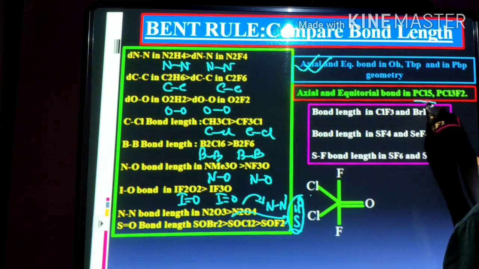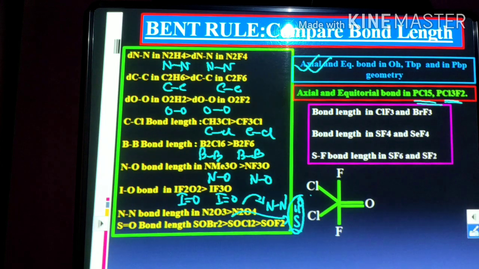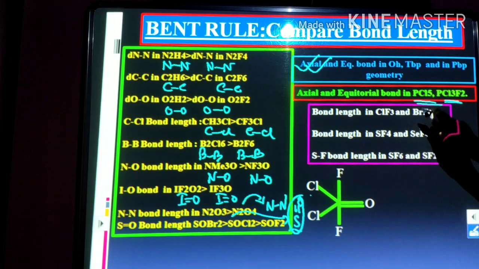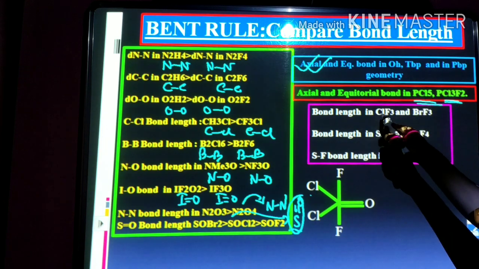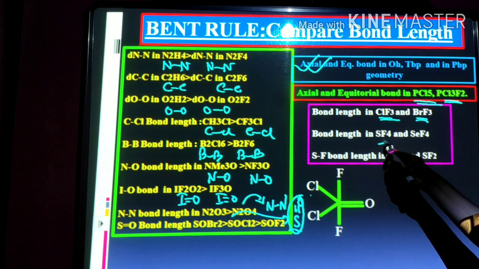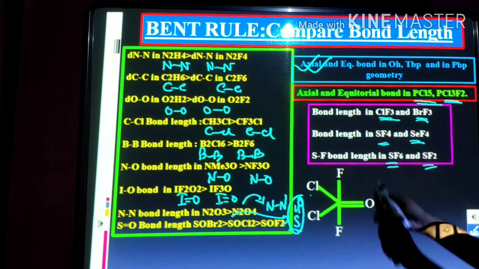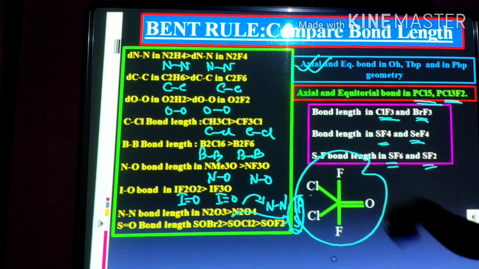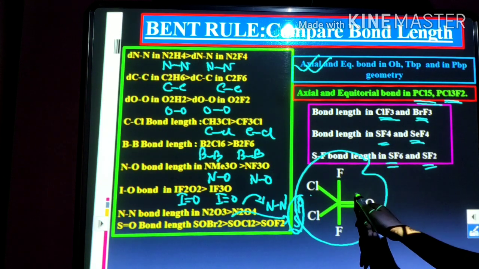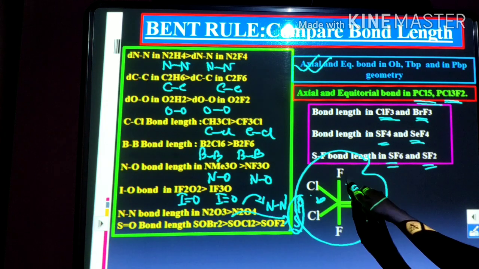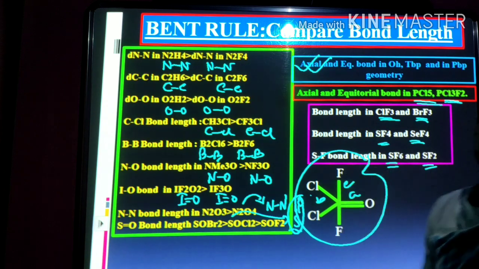And this is also an interesting example, PCl5 and PCl3F2, the bond length variations here in P-Cl. Okay, and ClF3, BrF3, SF4, XeF4, SF6, and SF2. And one more example like this one, if this bond length is A, this is B, and this is C, then that also we will compare.